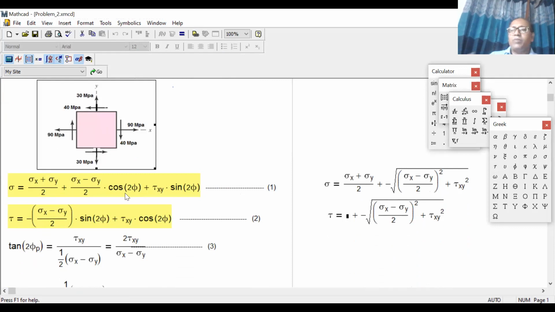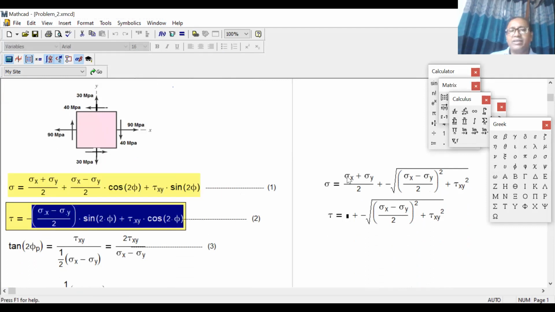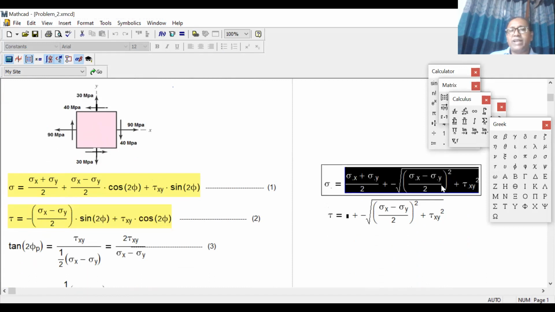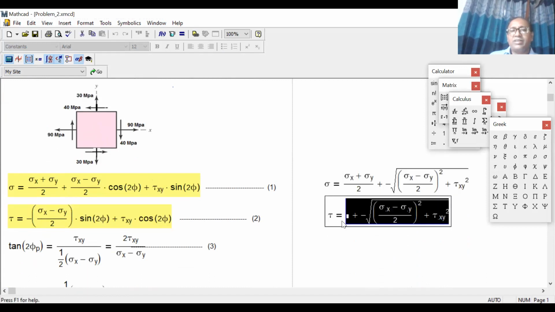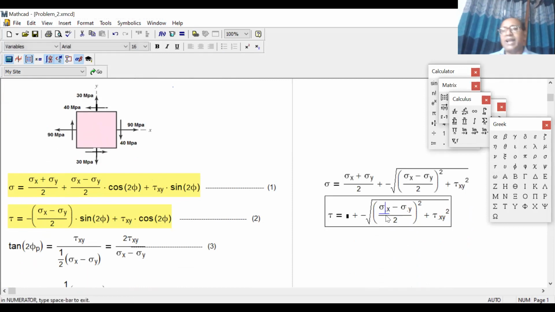Immediately you have a question, and you need to realize that I have to use this mother equation, so I write it down over here. Or you can use the direct equation, with plus minus you will get sigma 1, sigma 2, tau 1, tau 2. But if you directly use this equation, you will not get the angle. You need to figure out the angle separately.